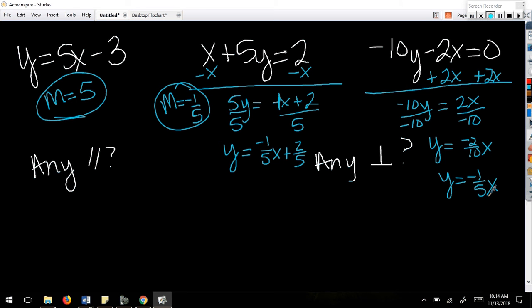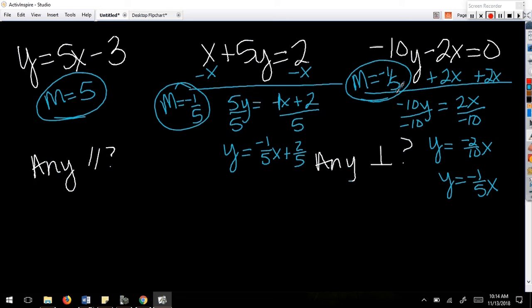Do we agree? What is the slope of line number 3? Does that make sense? You're the student, it's your job to know.